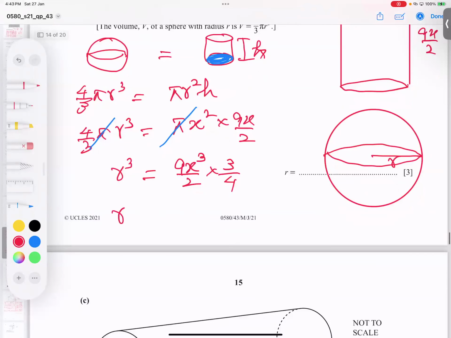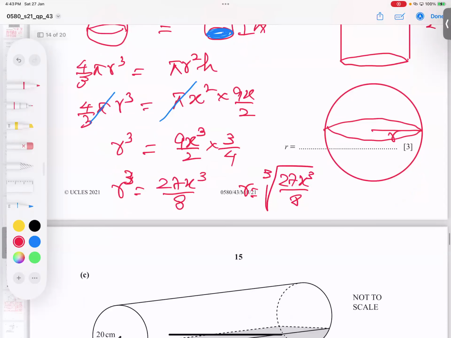Now I'm simplifying. How to simplify, students? 3 9s are 27x cube. And one more thing, 2 4s are 8. I got this kind of thing. Do you know, students, when the cube goes there, it becomes a cube root. Here the indices concept is there.